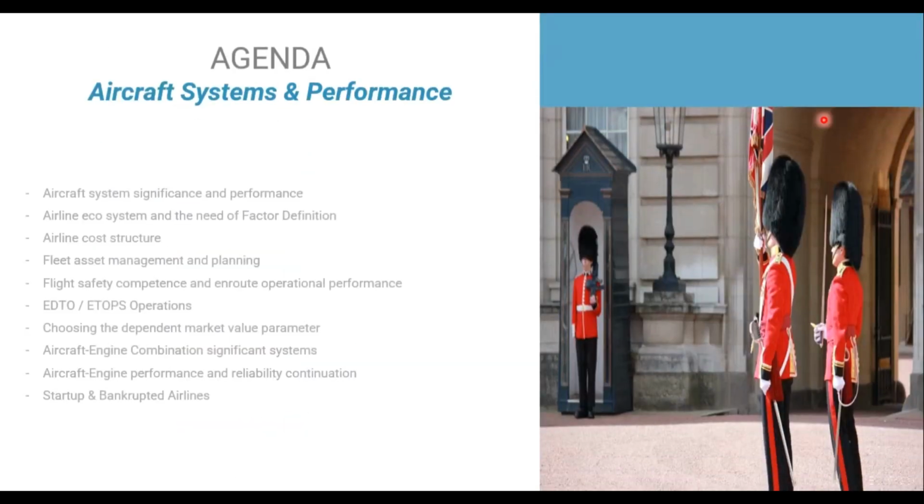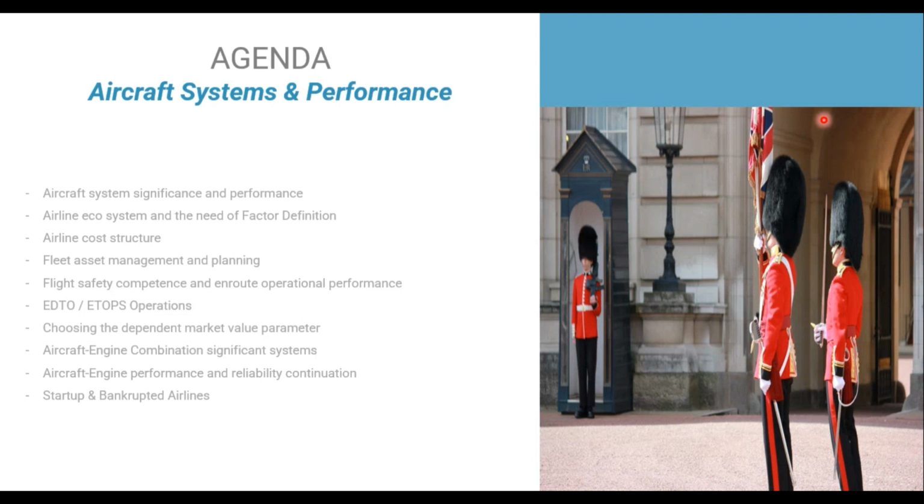The agenda that we'll be tackling today: aircraft system significance and performance, the ecosystem of the airlines, and the need for factor definition. Why do we need to discretize the factors affecting the airline operations, airline cost structure, the fleet asset management and planning.